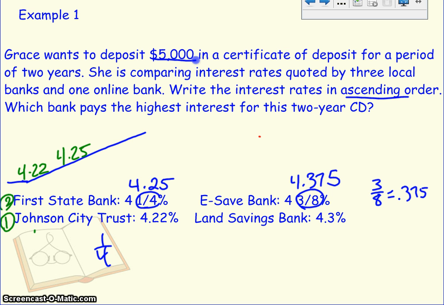Now, if we look over at Land Savings and eSave Bank, both of them start with 4.3, but eSave Bank also has the 7.5 after it, which makes it higher. So Land Savings Bank at 4.3 is next, and finally eSave Bank at 4.375. So in third, and then the last listed is eSave Bank.